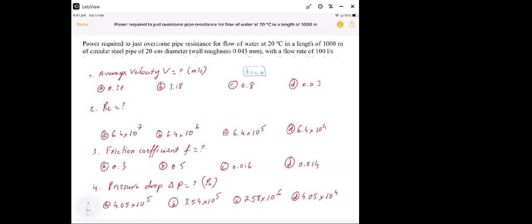Yeah, BCCI. Anyone have a different answer? Wait for a few more minutes.